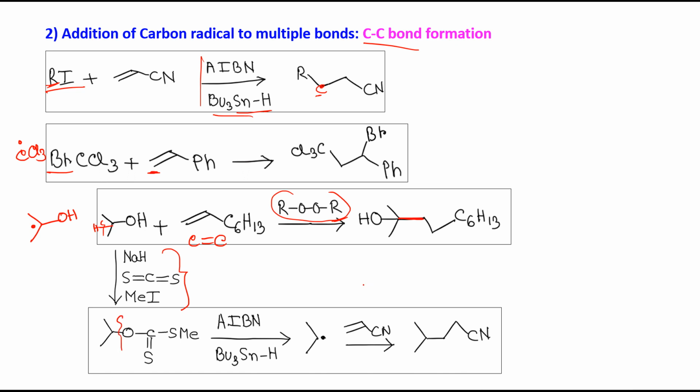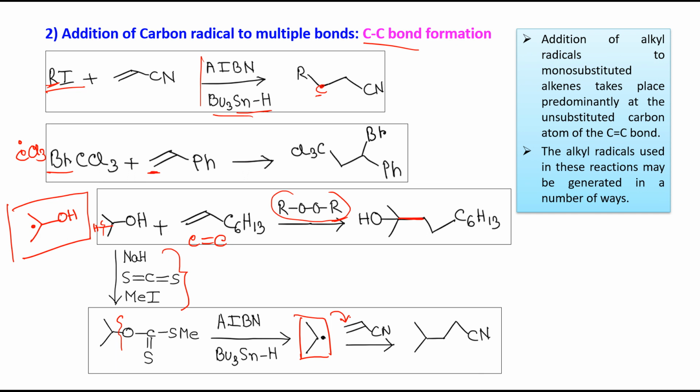Try to understand the previous one. This is the carbon radical through which the reaction was occurring, but in the next case, when we have converted this OH group to the OCSSMe group, the carbon radical that we are getting is different. And again it is added to that carbon where there is no substitution.